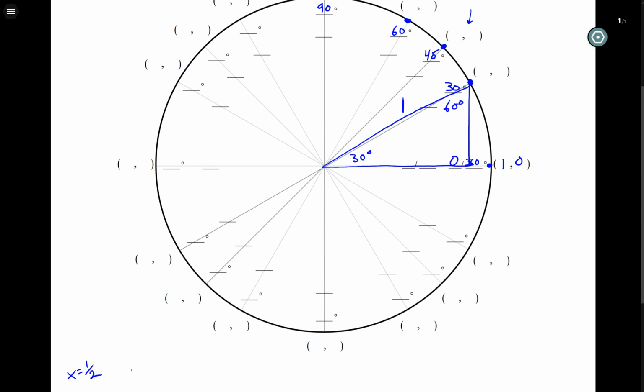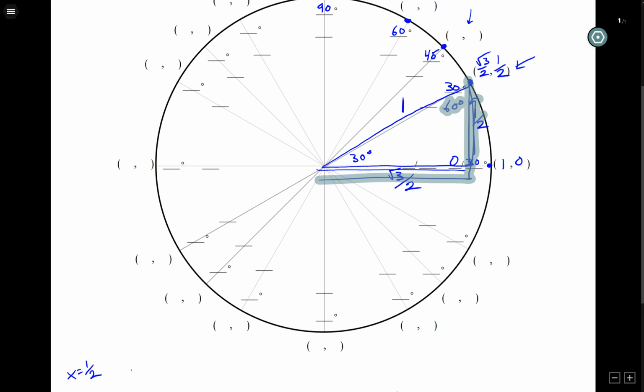This side going up is 1/2, and this side going horizontally is root 3 over 2. So think about how that helps us label the point. I'm going over root 3 over 2 and up 1/2 to get to that point. So because I went over root 3 over 2 up 1/2, that's exactly what the point is. So root 3 over 2, 1/2, okay?